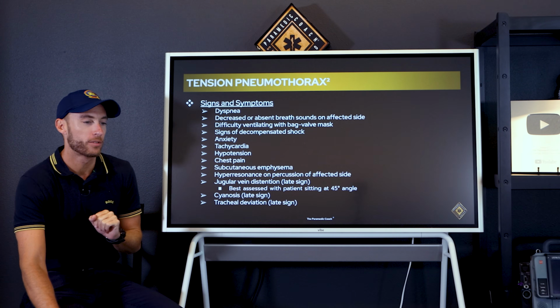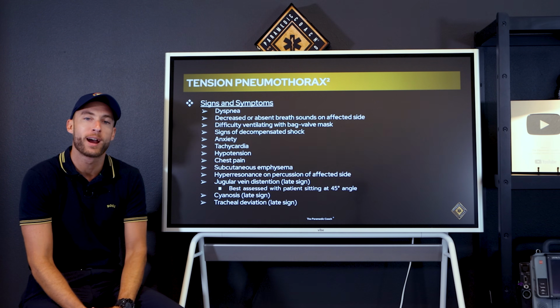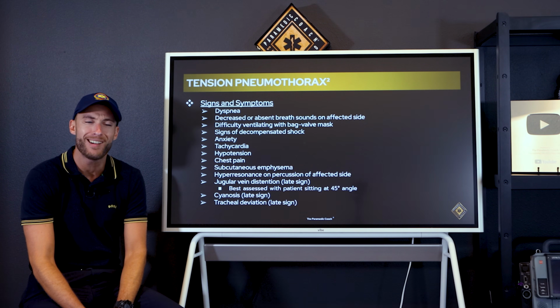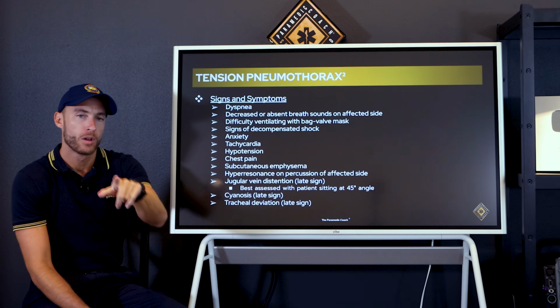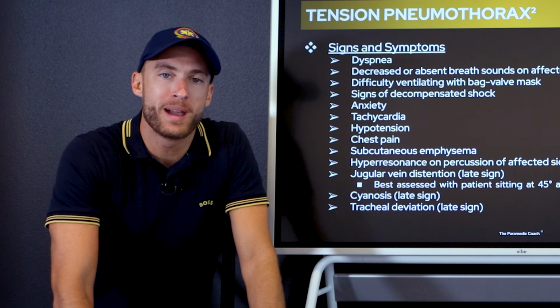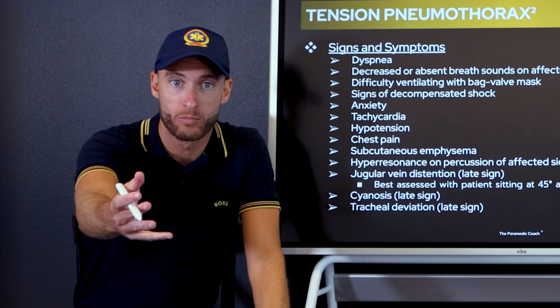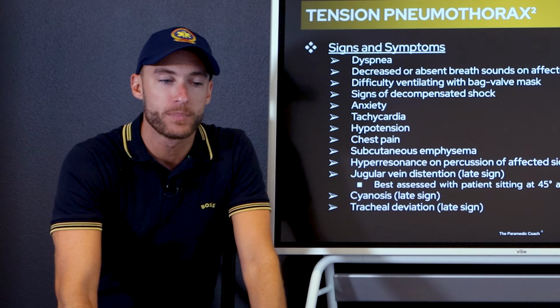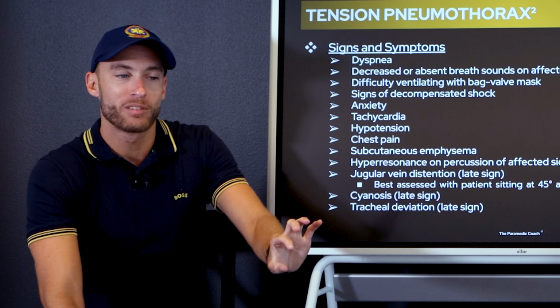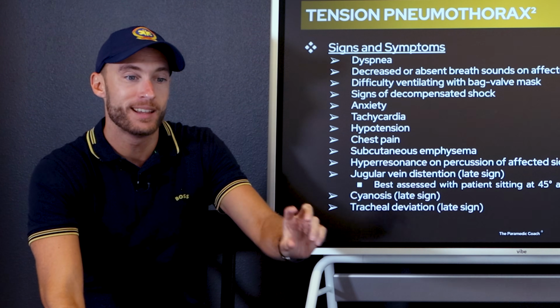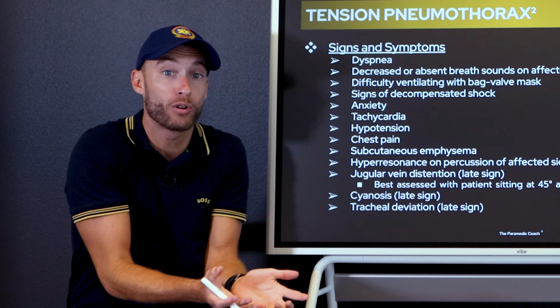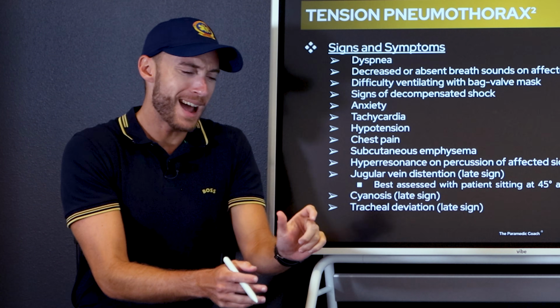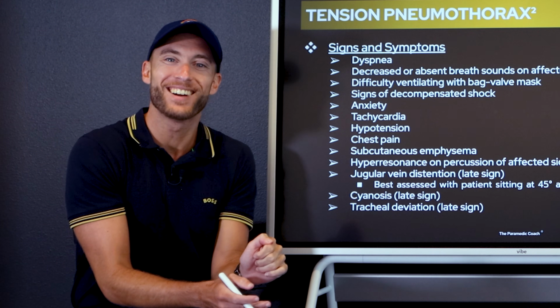One of the big hallmarks: maybe you're unsure if it's pneumothorax and you go to ventilate your patient, and you're having a hard time ventilating. For my folks out there that manage people's airways, one of our complications of airway management is that we can put too much pressure and cause pneumothorax. And man, it's difficult to ventilate, right?